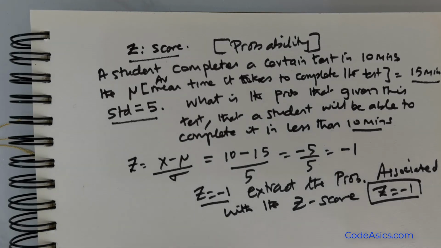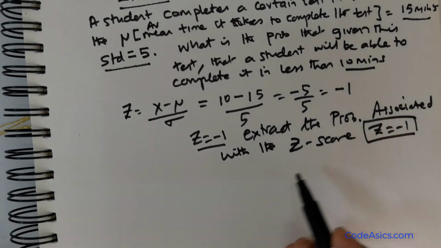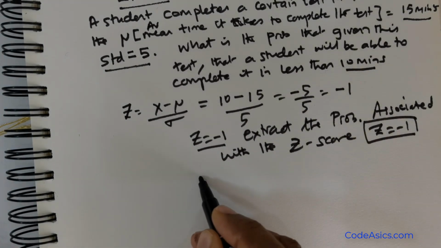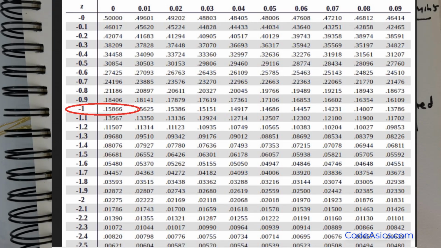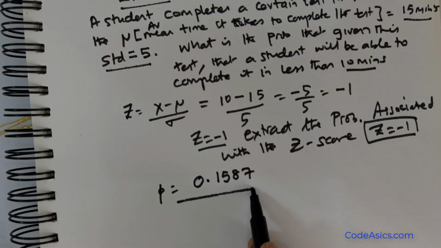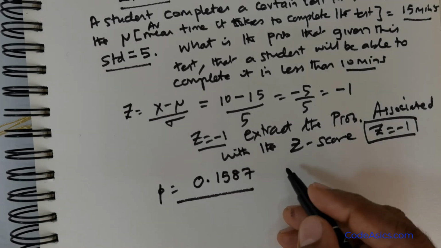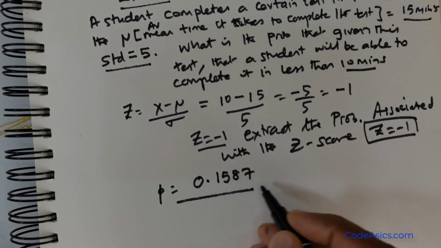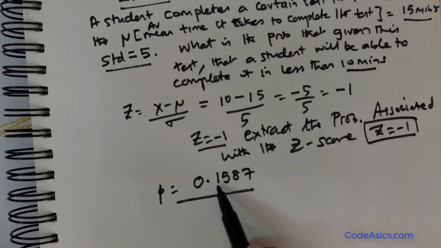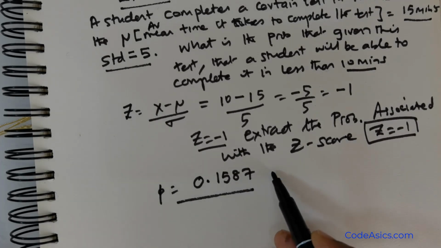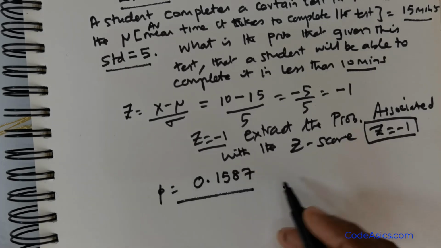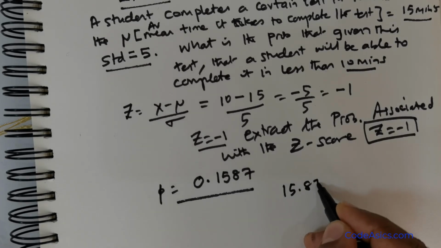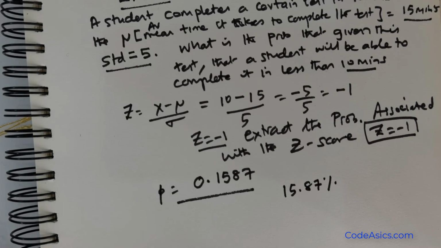So this is a unique illustration, so have that in mind. Now the associated probability value, the p value that we have got here, is 0.1587. You can either leave this like this or you can convert it to a percentage. When you write it in percentage, the decimal point moves 2 places. In other words, we are multiplying by 100. So in this case it's going to be 15.87%, right?